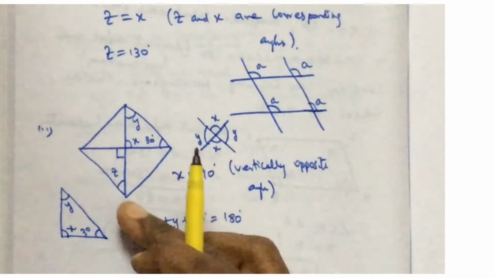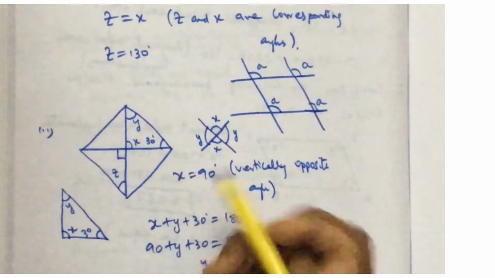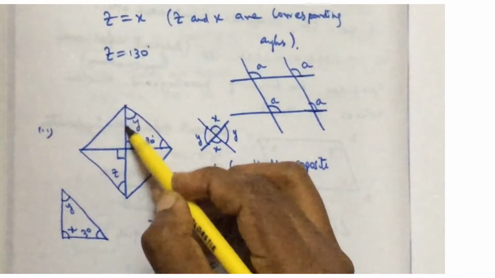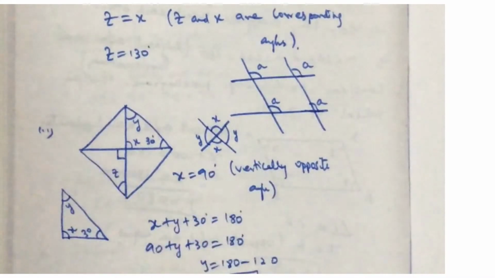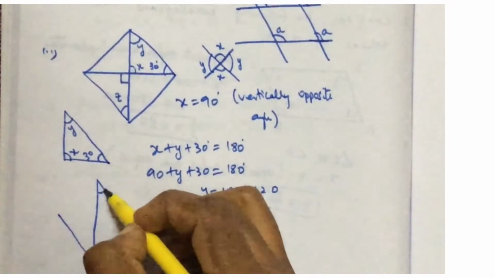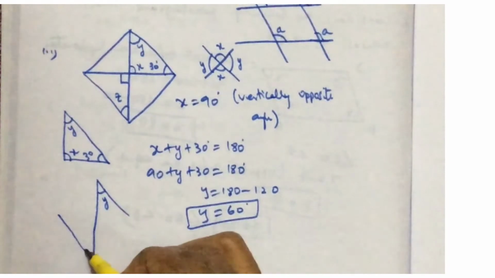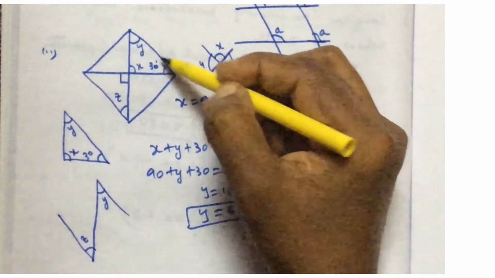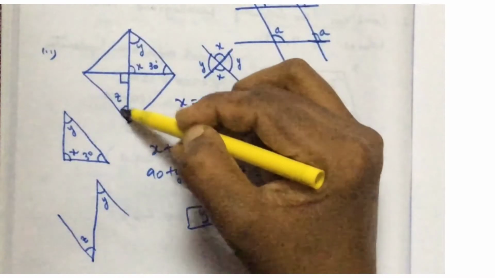Now, we have to find what is Z. If you keenly watch this, you can draw like this, go like this and come here and go like this. This is Y, this is Z. I am just drawing this line from here to here, here to here and here to here.